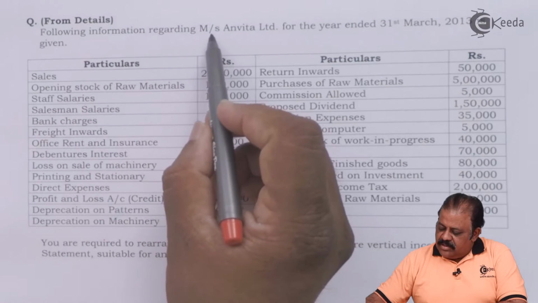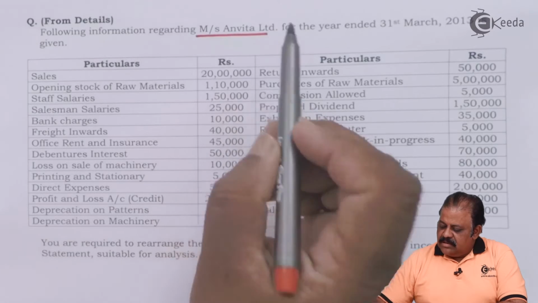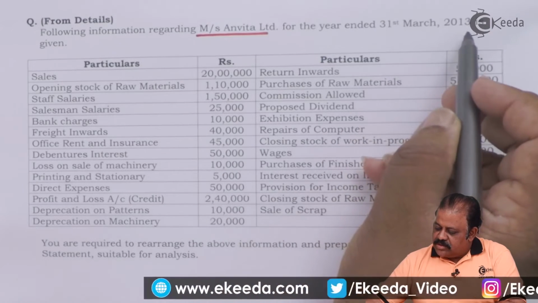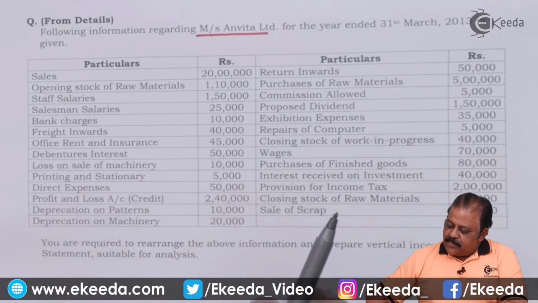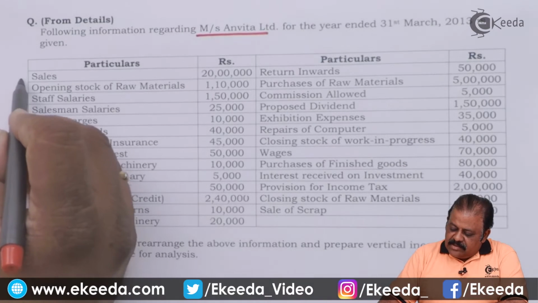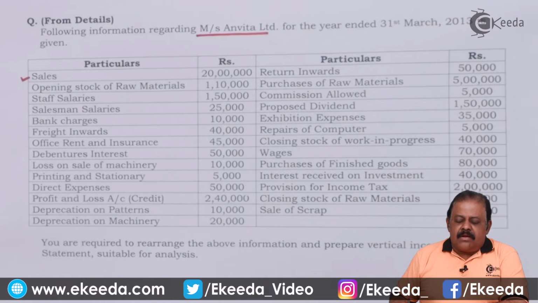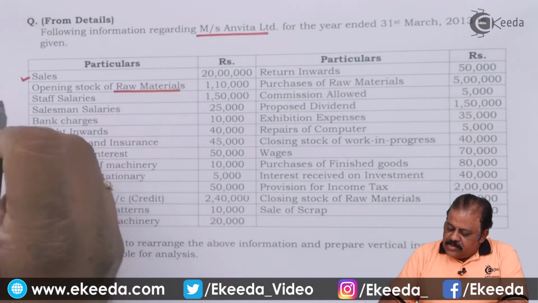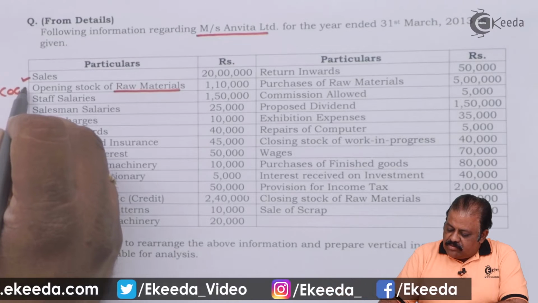Following information regarding Messrs. Anvita Limited for the year ended 31st March 2013 is given. Sales, this will be the first item of income. Opening stock of raw material, this will be part of cost of goods sold.